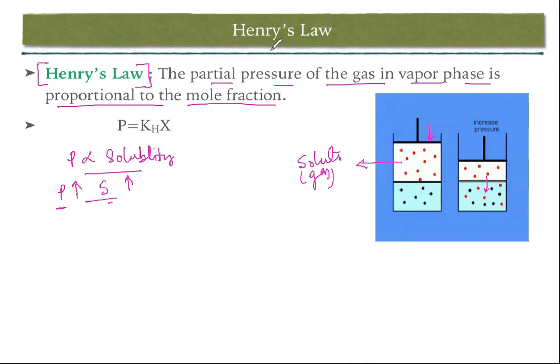Now Henry's law says that the partial pressure of this gas is directly proportional to the mole fraction of this gas molecule. So the partial pressure is directly proportional to the mole fraction of the solute. As we already know, if there is any proportionality, we can write a constant. So P is equal to KH into X of solute.